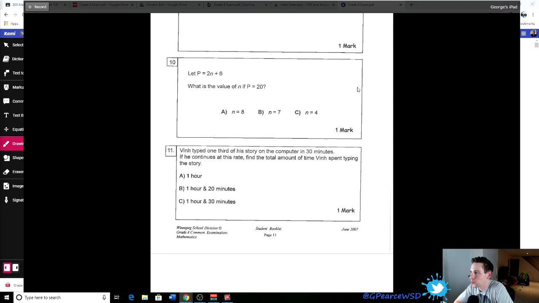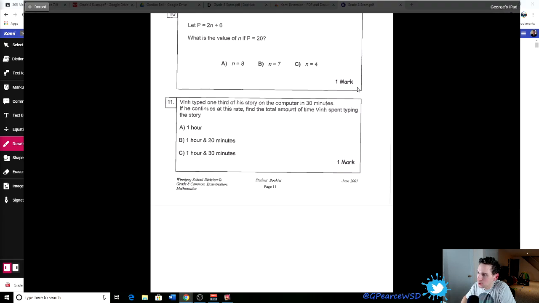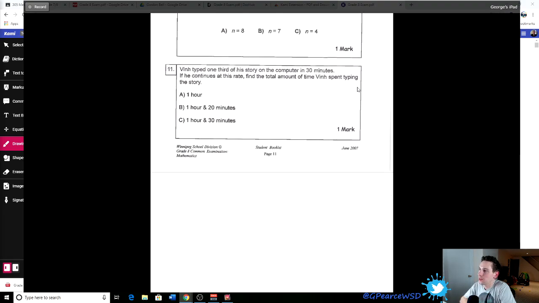If the value of p is 20, what would n equal? So if 20 equals 2n plus 6, right? Vin typed 1/3 of his story, so it's a word problem. Ratio. Percentage.